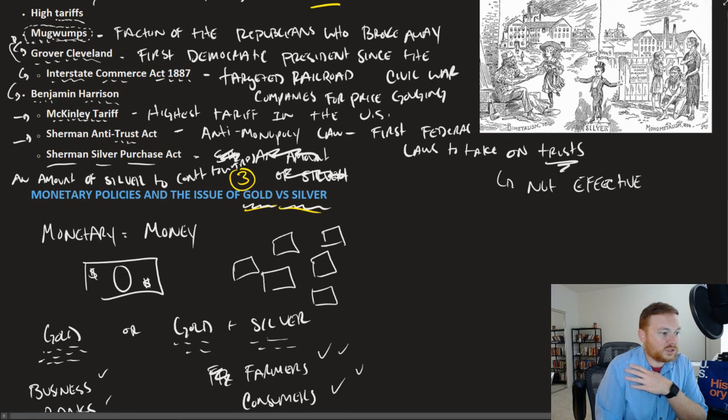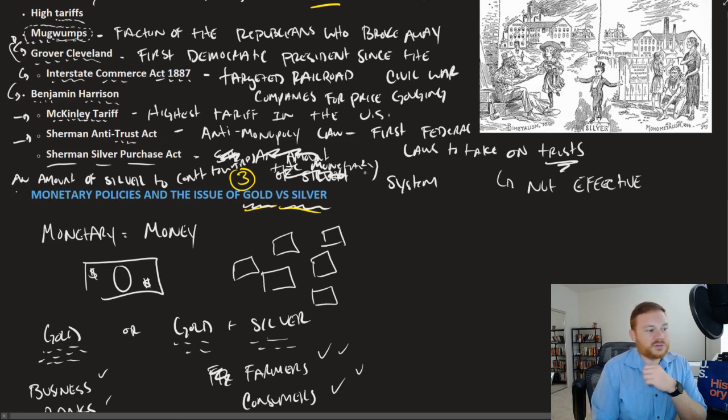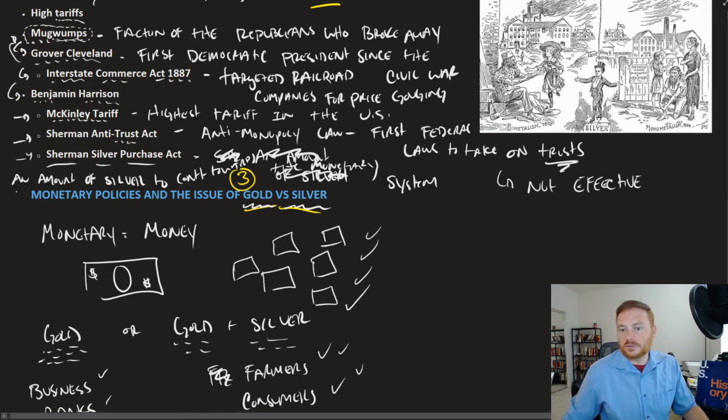This is just ugly. All right, that's bad. So the Sherman Silver Purchase Act, an amount of silver would count towards the monetary system. This would have been something supported by the pro-silver category or constituency.